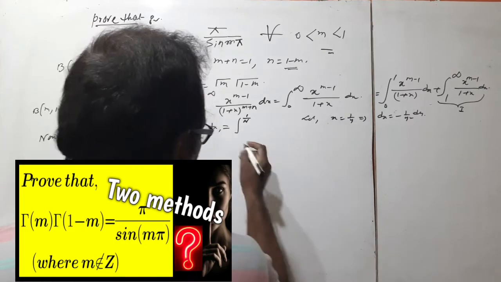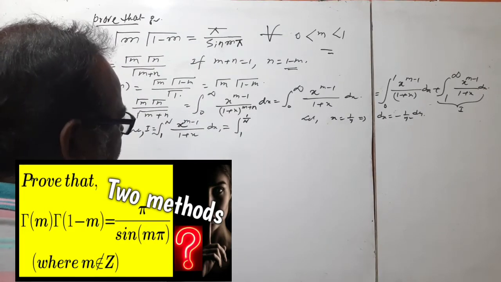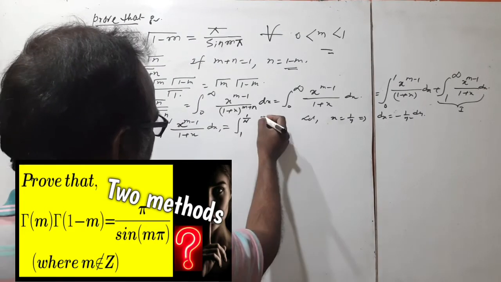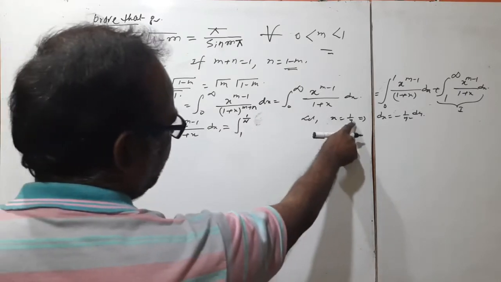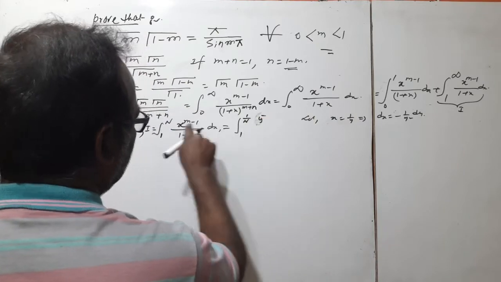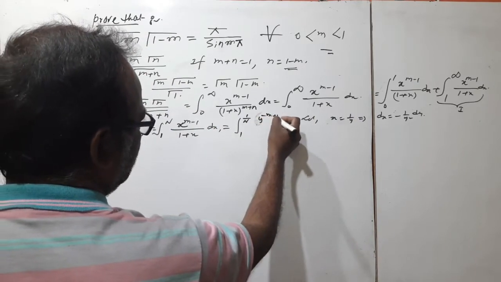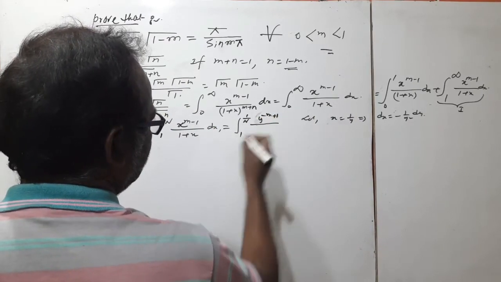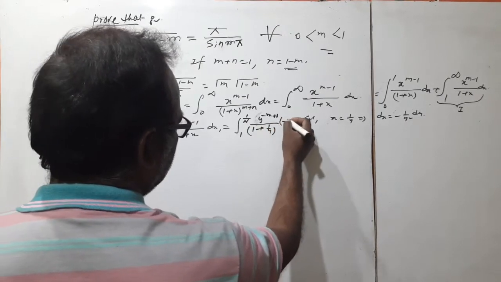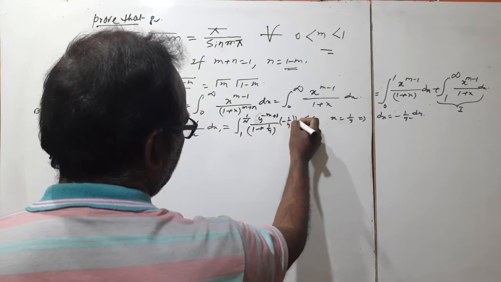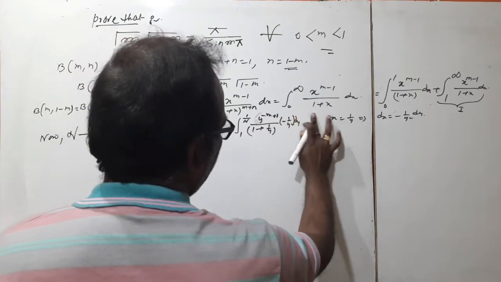So if we put 1, we get the value of y is 1. Since x means 1 by y, we get y to the power minus m plus 1 over 1 plus 1 over y, and this is minus 1 by y square dy.